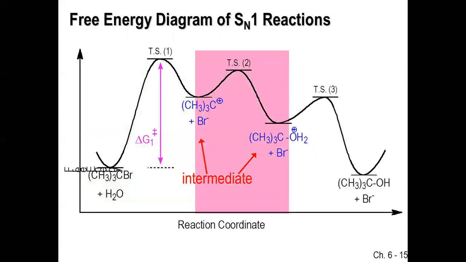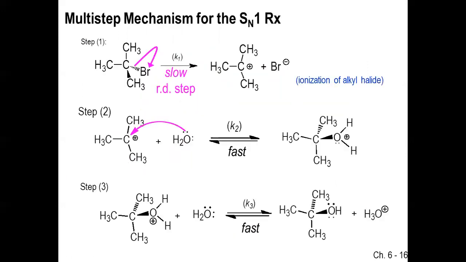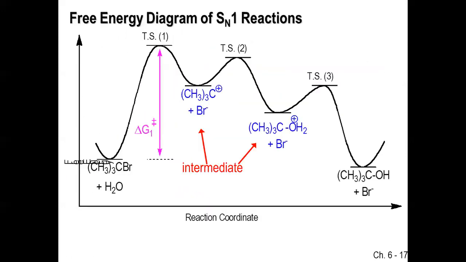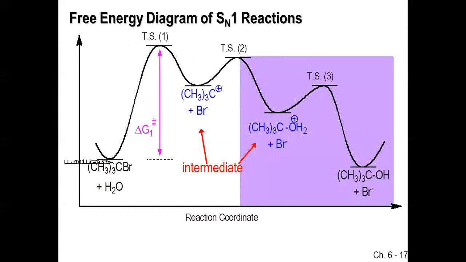This is the step 2 reaction coordinate, and this is step 3, that is loss of a proton, that is the energy diagram of step 3. So in all these energy diagrams we can see the energy levels of the starting materials and the products are very low as compared to the intermediates, and hence they are much more stable.